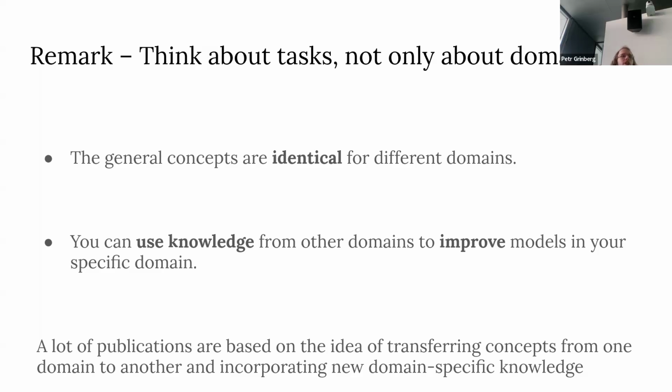You can read some publications about, for example, computer vision. Take this new idea from computer vision, say, okay, I will apply it in audio or in text. You just apply the same idea with minor changes, and you get a new publication in audio or in text, which is accepted to a top conference, because that's how deep learning practical papers work. So yeah, you can just transfer concepts from one domain to another, incorporating new domain-specific knowledge, or just taking it as is.